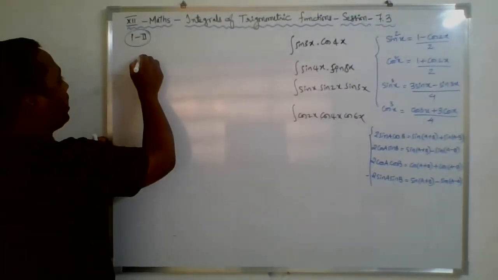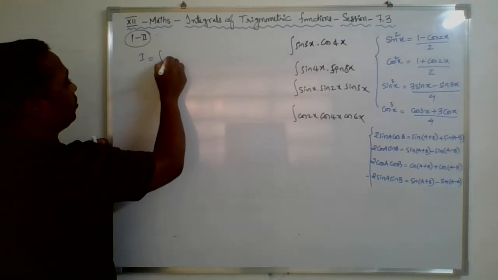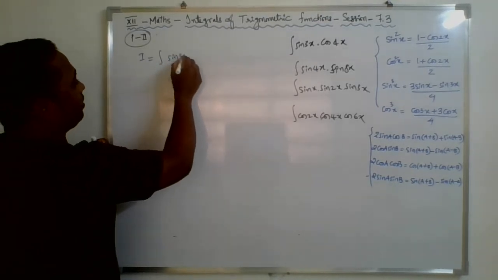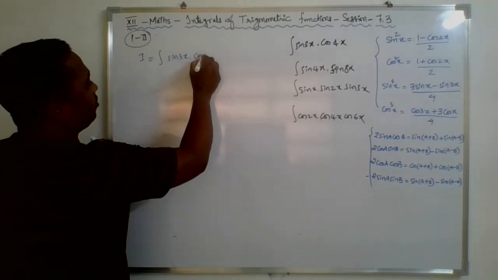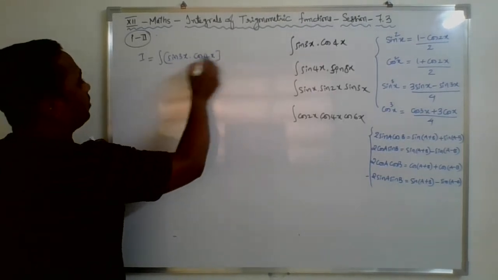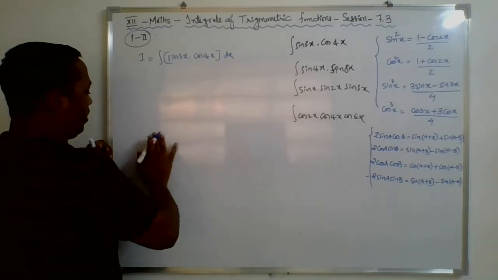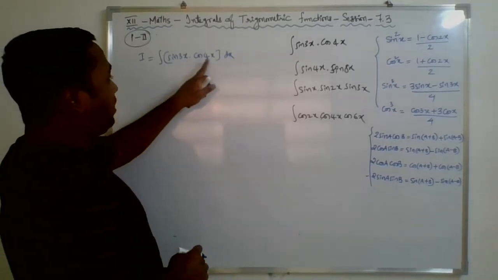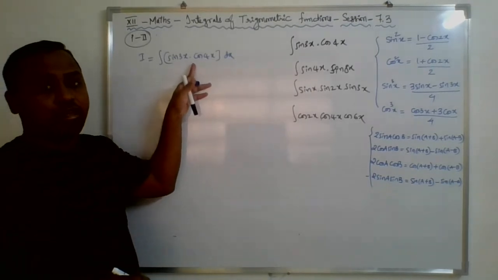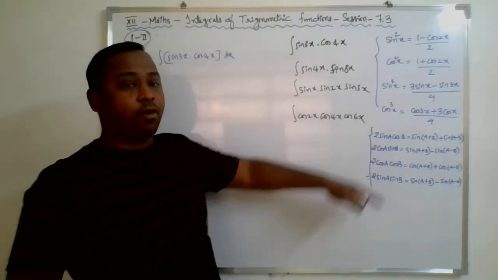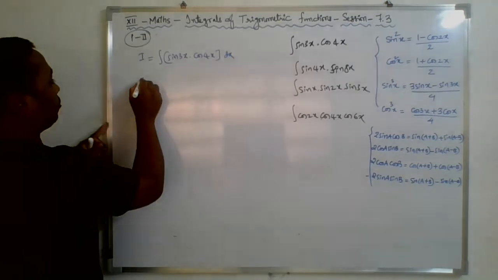So first I will take the first question here to understand how can we write this as sin A into cos B dx. This is a question where sin theta and cos theta are in the product, so I can convert them into addition or subtraction with the help of the formula. The first formula will help you out.